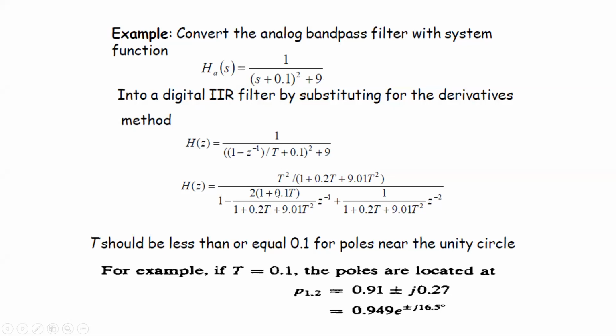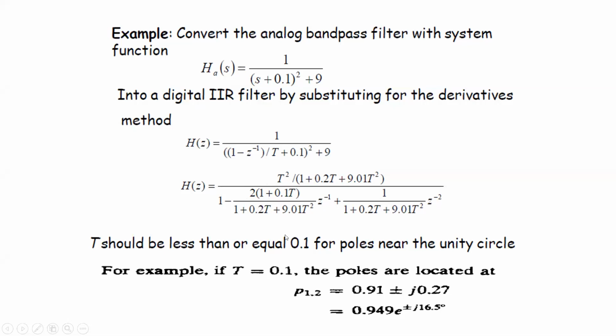So T square is a constant factor. This denominator polynomial is a second order polynomial. If you look at 1 minus z to the power minus 1 plus z to the power minus 2, these are coefficients. 2 into (1 plus 0.1 T) and all these are coefficients for the z to the power minus 1 factor, and this is the coefficient for z to the power minus 2.